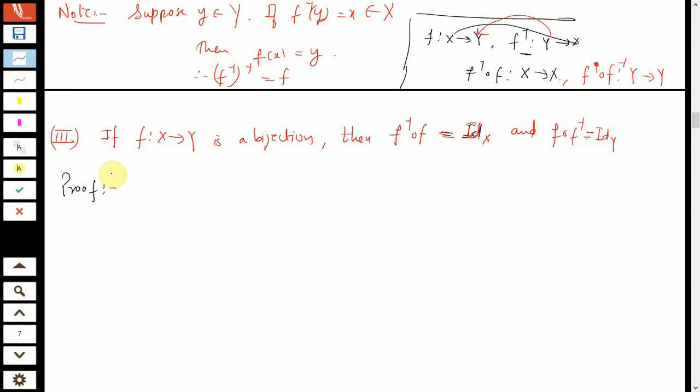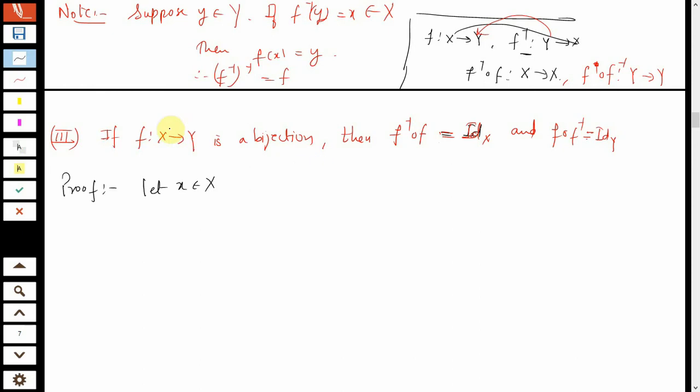First of all, as I said, I just want to find the domain and the codomain of this map. It has to be X, then only we can possibly have f inverse composite f as an identity map.